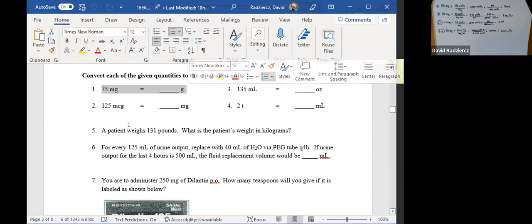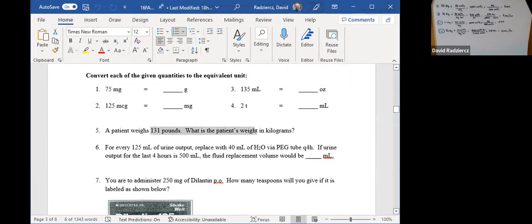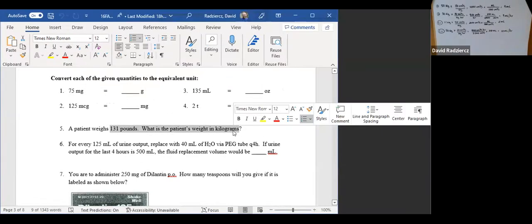You will round, though, when you go from pounds to kilograms. For a patient that weighs 131 pounds, I'm going to divide 131 by 2.2, and I'm going to get 59.54545454. You're going to round that answer to the nearest tenth, 59.5.